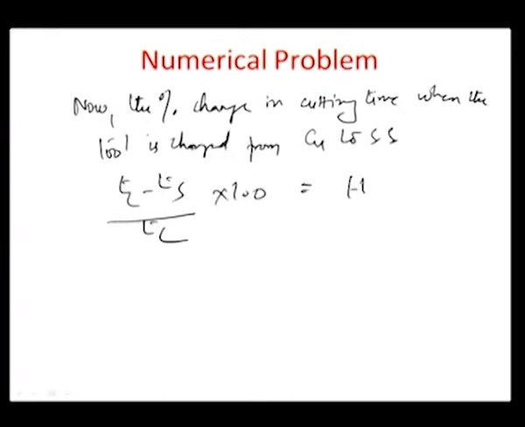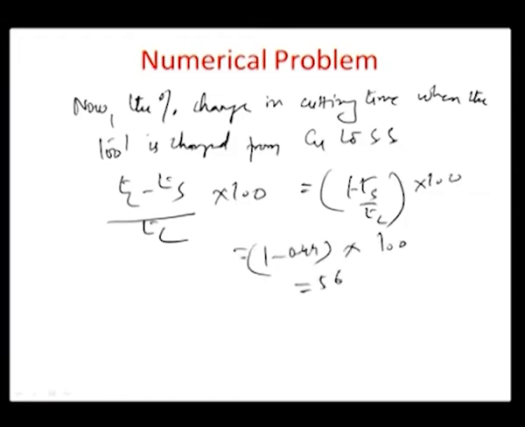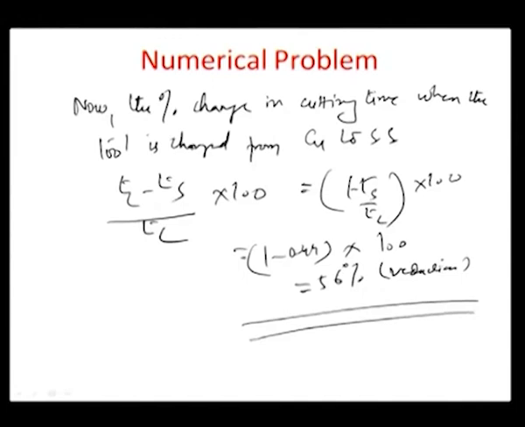So, it is 1 minus Ts by Tc, okay. This is 1 minus 0.44 times 100, it is about 56% reduction. So, significant, right. So therefore, just by changing the tool material from copper to stainless steel, you are actually reducing the machining time by 56%.